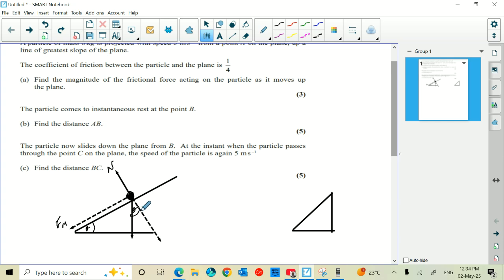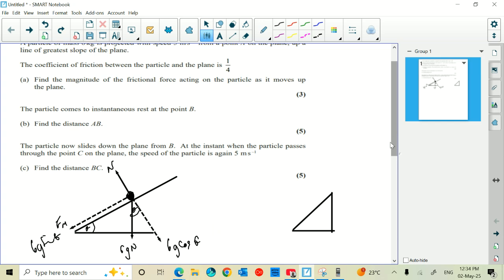Now if we're moving along the plane, the component is always 6g sine theta, with the weight here of 6g newtons. And if we're resolving perpendicular, this has got to be 6g cos theta.